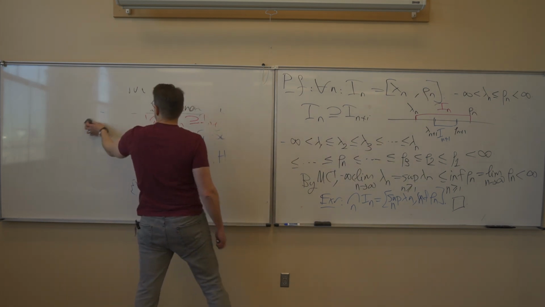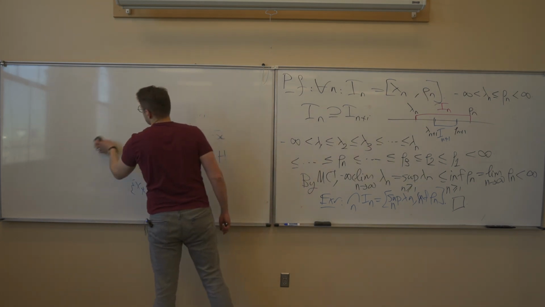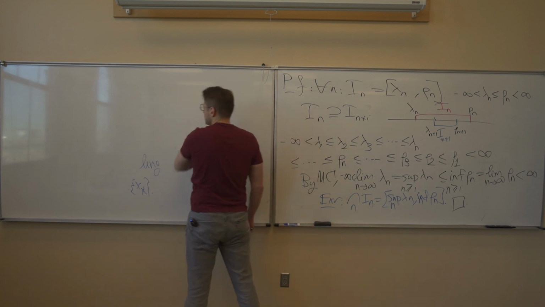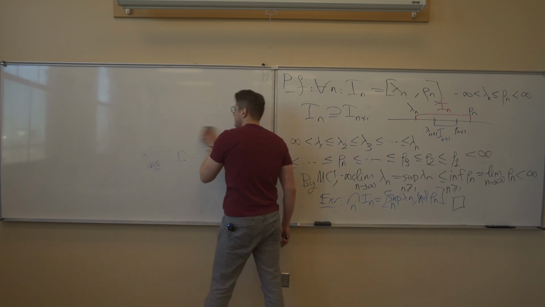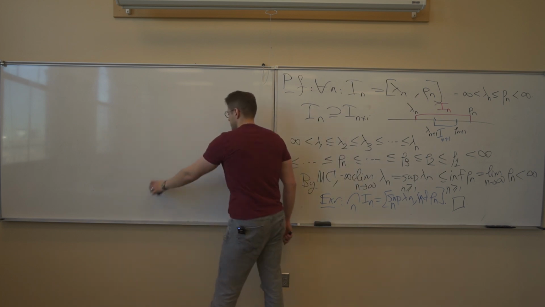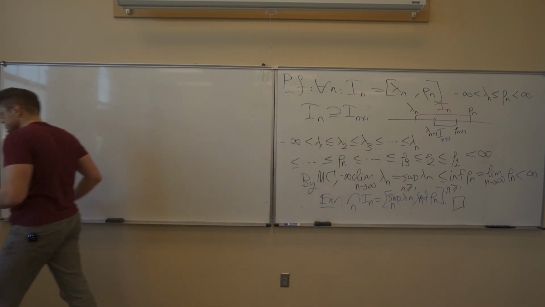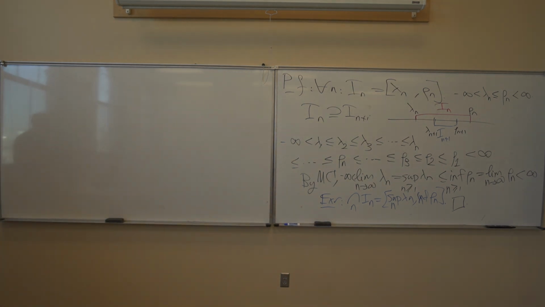Bolzano-Weierstrass says that any bounded sequence of real numbers has a convergent subsequence. Now that means that we're going to take a bounded sequence, and somehow we're going to have to sample the frames to get a convergent sequence out of it.